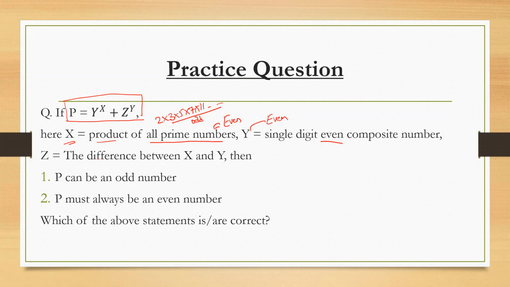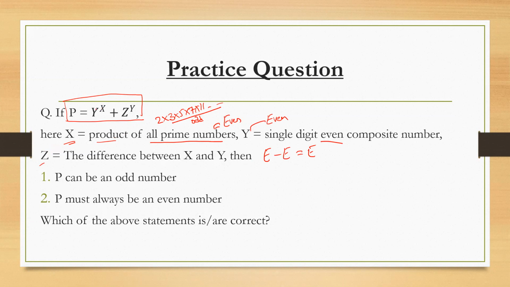Now, z is the difference between x and y. When you are subtracting an even number from an even number, what will you get? Definitely you will get another even. That means x, y, and z are all even numbers.